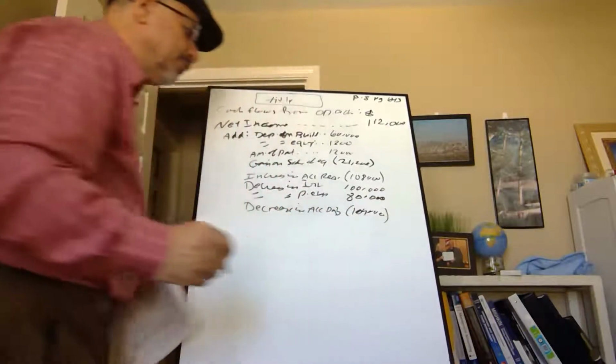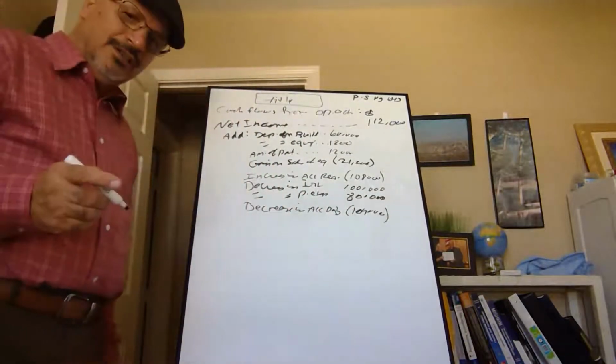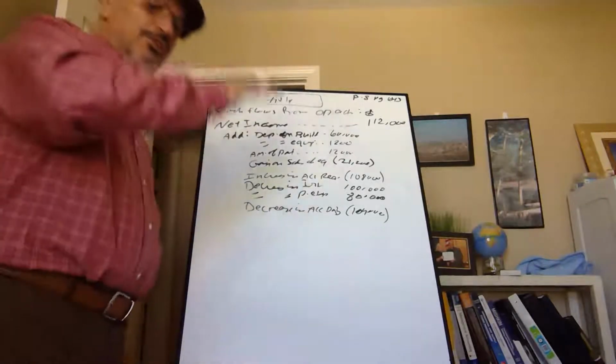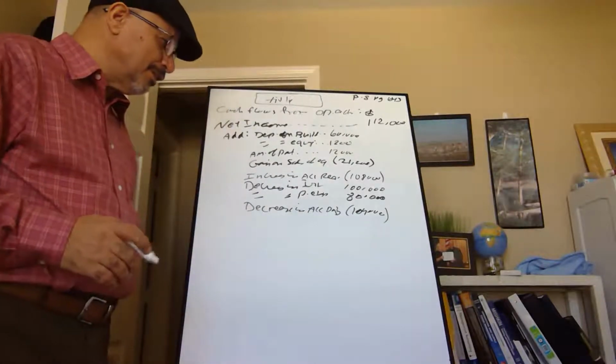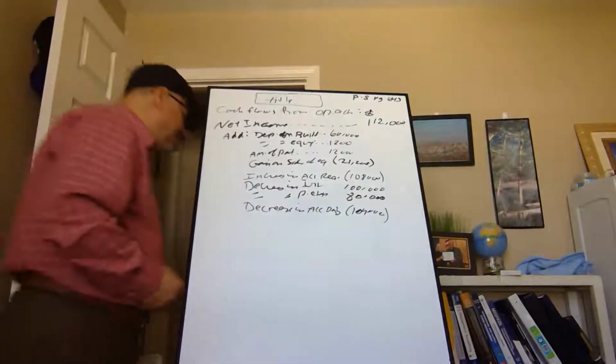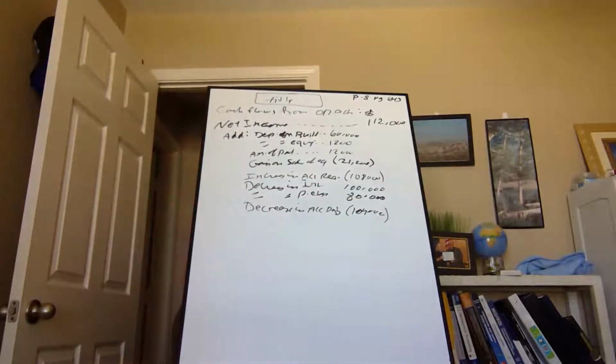I'm putting it between two brackets. Remember, with liabilities, we add the increases and we subtract the decreases. So in this case, it was a decrease in accounts payable. Okay, and then we have notes payable.